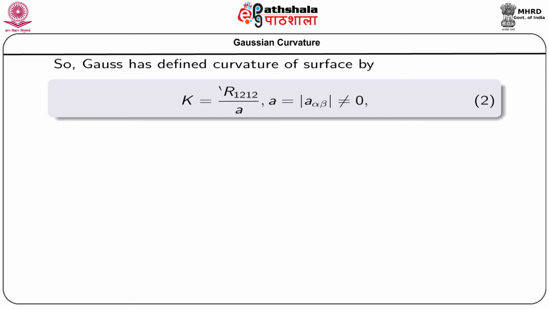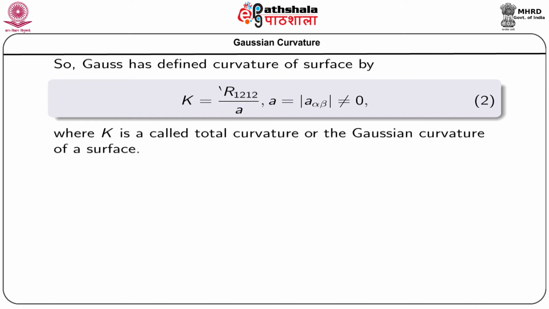So, this relation number 2 is the definition of the Gaussian curvature. It is also named the total curvature of a surface.